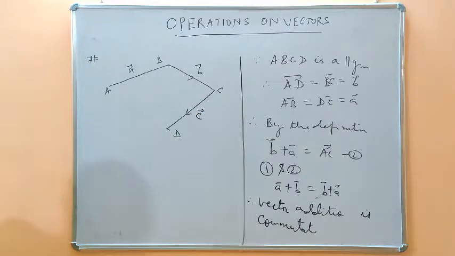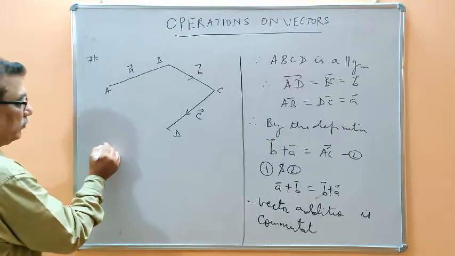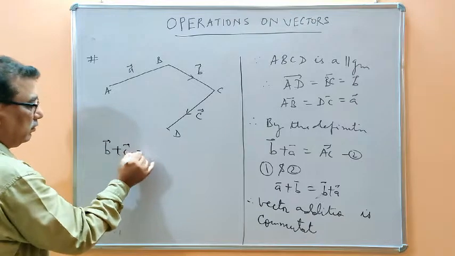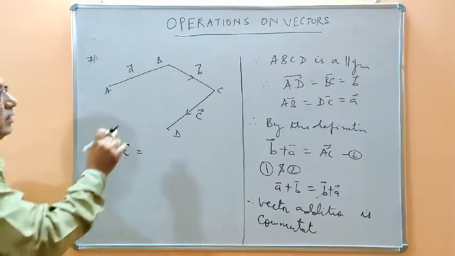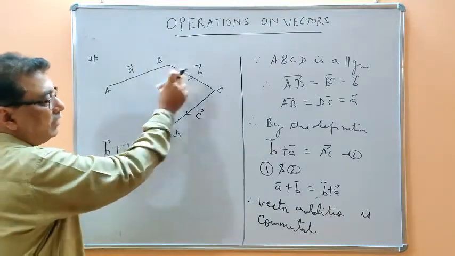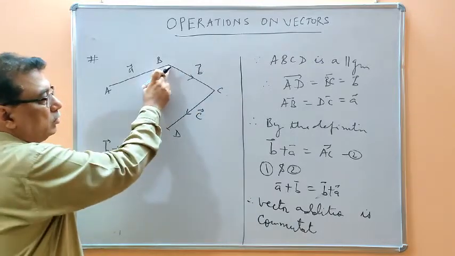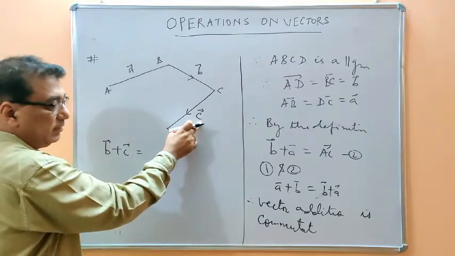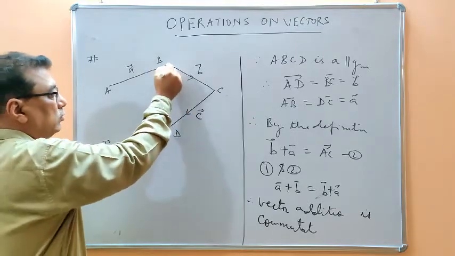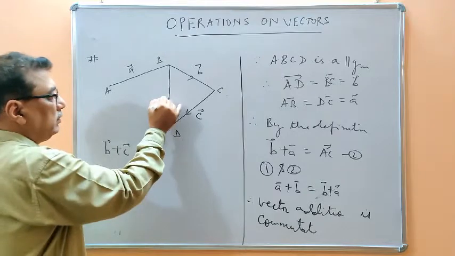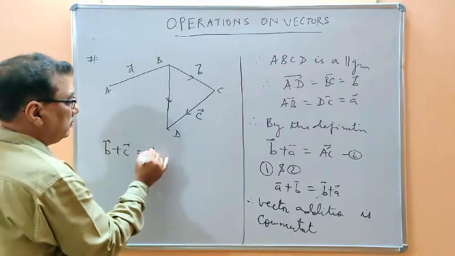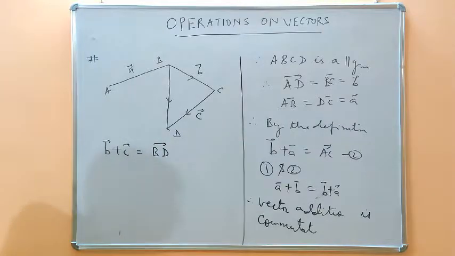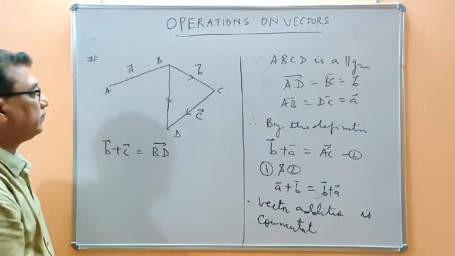Okay. So what will be B plus C from the definition? We are adding these two vectors. This is the initial point of B and this is the terminal point of C, the second vector. So this vector will represent B plus C, which is BD. This is again from the definition of vector addition.